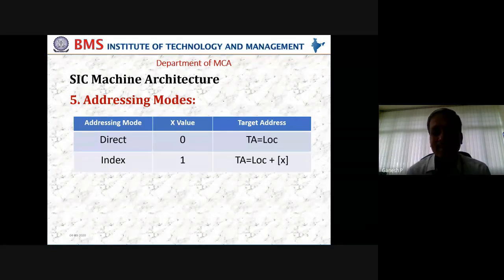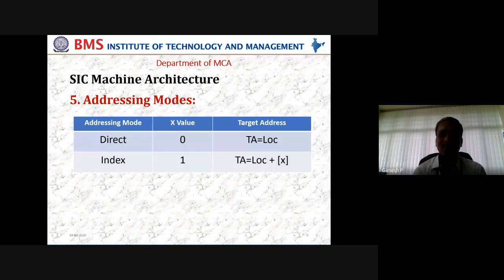So depending upon this addressing mode, if you are using a direct address, as the name says, whatever address you have specified in the instruction is going to be used as the direct location. So direct means the address of the location is directly specified as part of the instruction. That's why, if you look at the last column, target address is equal to location, meaning I may say my program should be stored at location 8000, because in assembly language you have room to specify, but there is no guarantee the program will be loaded at the same location.